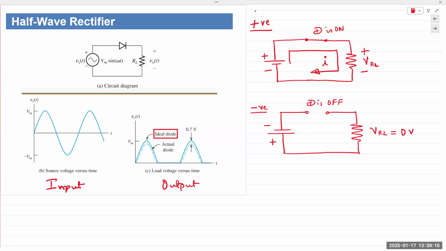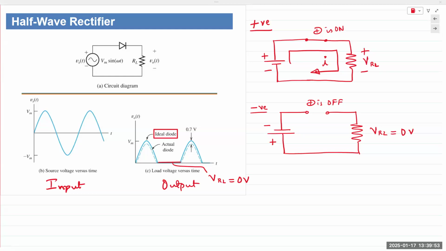And that is shown right here. VRL is 0 volts. So again, ideal diode is a very good model to perform a quick analysis for any kind of diode circuit.